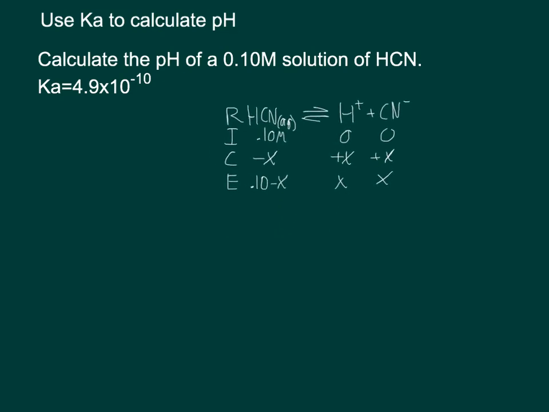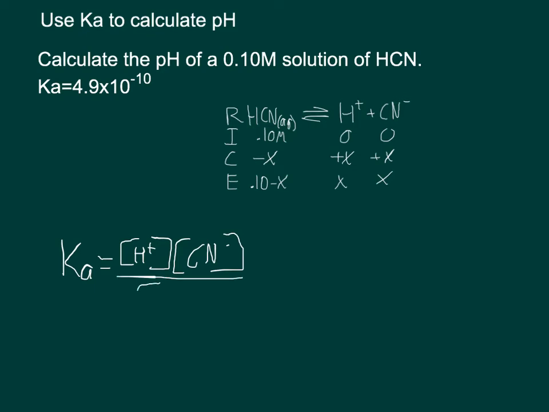Okay, so now that we have that done, we can go ahead and write out our Ka expression. Our Ka is equal to the concentration of H+ times the concentration of CN-, all divided by the concentration of HCN at equilibrium.